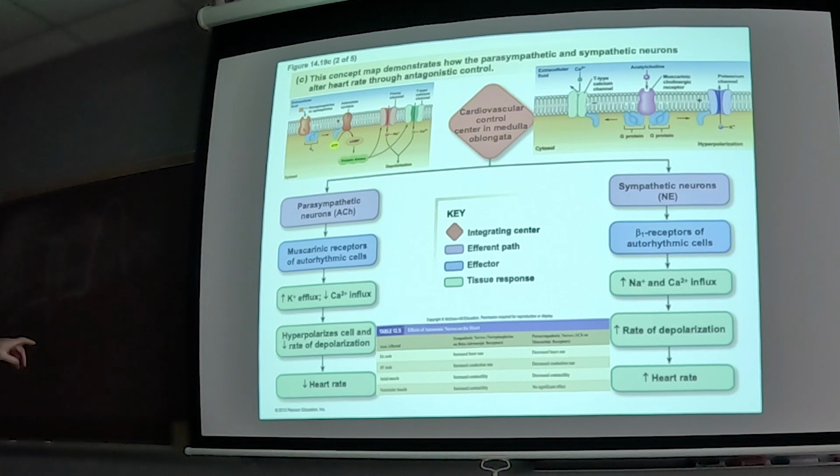And so what happens over here is now your line gets steeper, right? So if you started out like this, it'll start to get steeper, and then your heart rate will go up, right? Because you're depolarizing faster. So the slope of your funny current steepens with epinephrine, and it flattens with acetylcholine.